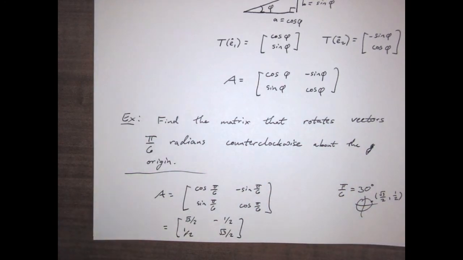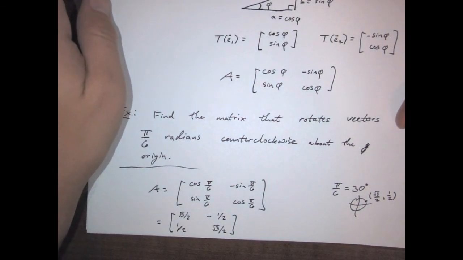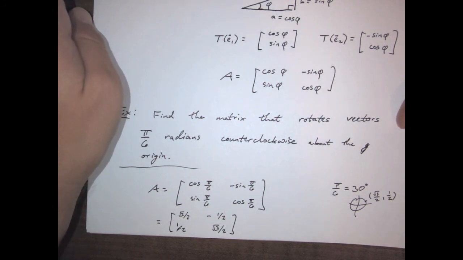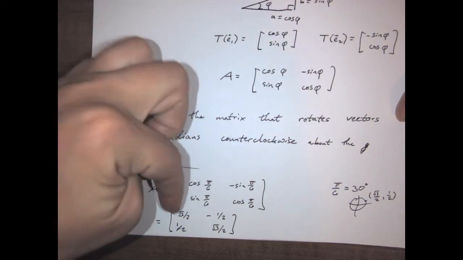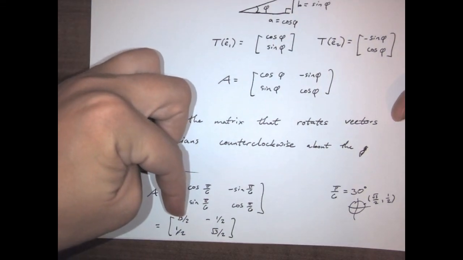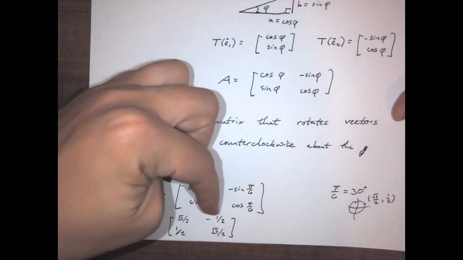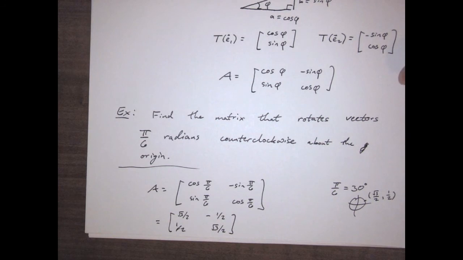So this is an interesting fact about matrices. You can accomplish any of these basic transformations by means of a matrix, and that includes something even like a rotation. If you were doing, for example, something involving computer graphics, and you had an image that you wanted to rotate, you could just do a matrix multiplication of the x and y coordinates of all the points in question by this matrix, and that'll have the effect of rotating the entire image 30 degrees counterclockwise.